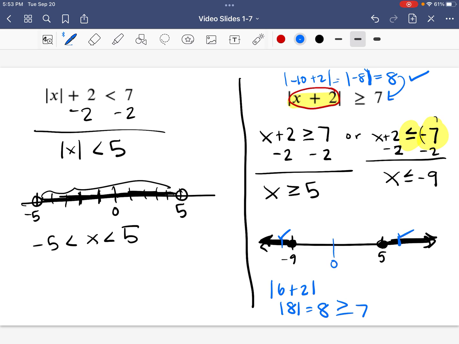If I plugged in 0, and I said 0 plus 2, that gives me the absolute value of 2. Is 2 greater than or equal to 7? No, it isn't. So I know that can't be a solution. So all the solutions that would make this true are from 5 up or from -9 down.